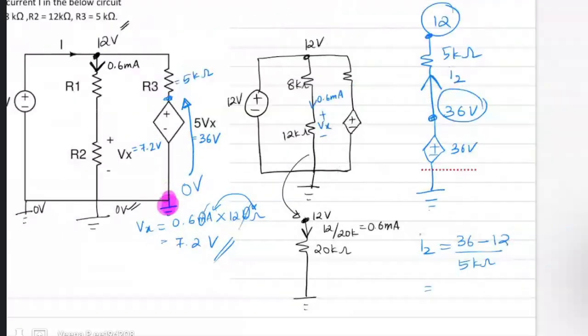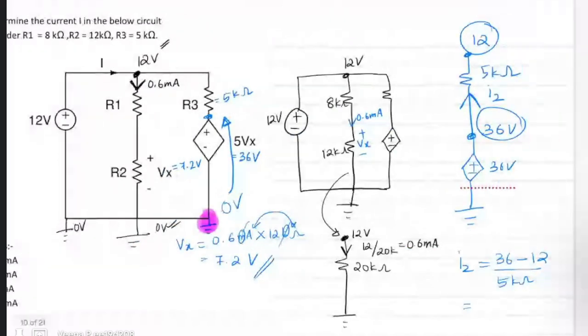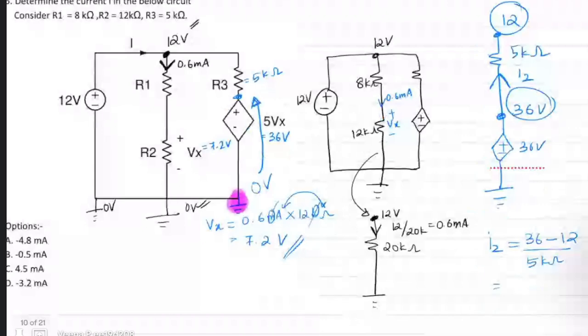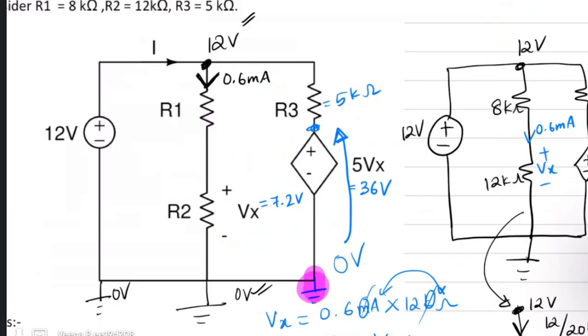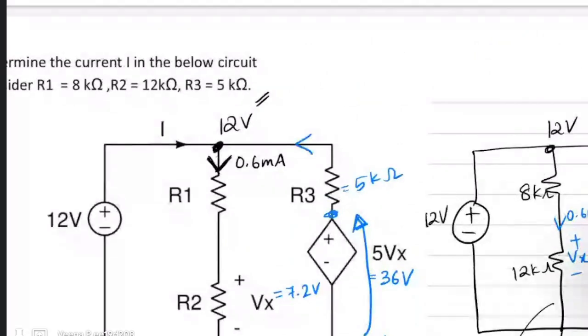Is this clear till now? If there is any doubt, you should stop me then and there itself and ask. So I2 is 36 minus 12 whole divided by 5. That much milliampere. So I2 is 4.8 milliampere in this direction.